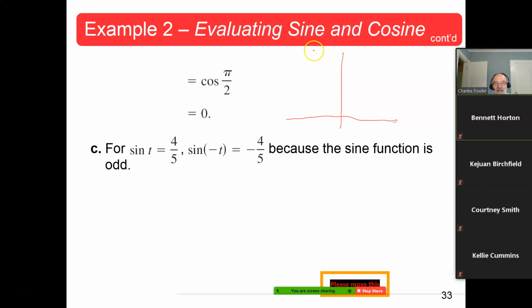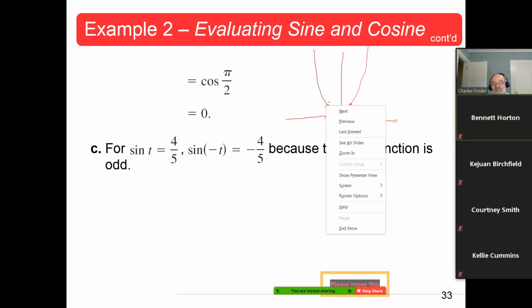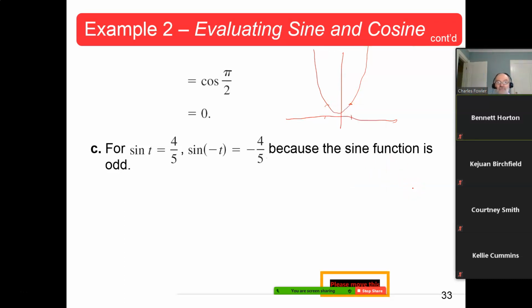Okay, if we had a quadratic here, I tried to make it symmetric about the y-axis. If this is your x here, here's your y value. If this is minus x, it's the same y value. That is an even function. And that's what we mean by an even function. It reflects across the y-axis. Now, if you had, that's a quadratic.